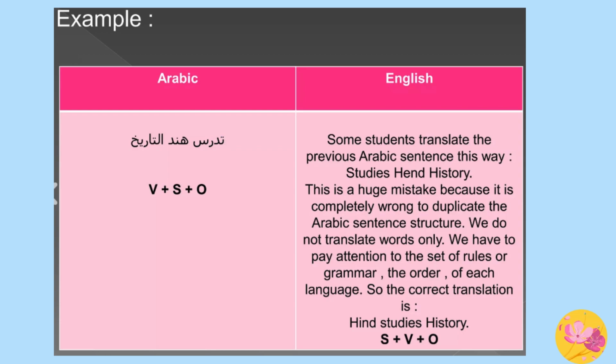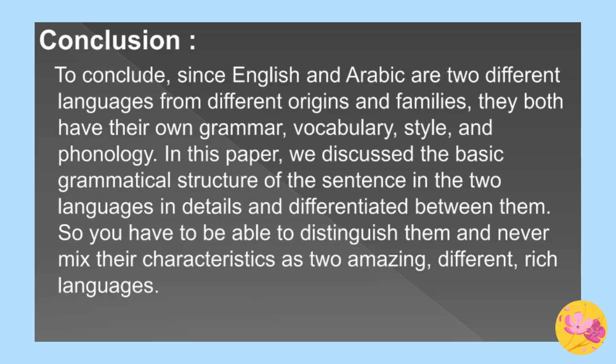But when it comes to English, if you translate the same sentence in the same order, it becomes "studies Hind history," which is incorrect. So it is "Hind studies history." We have to keep in mind the sentence structure while translating.